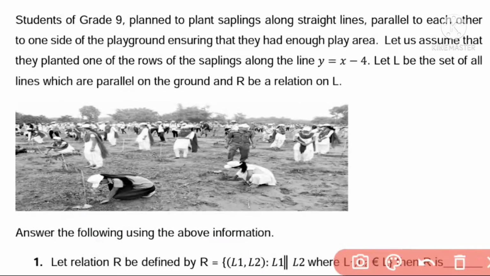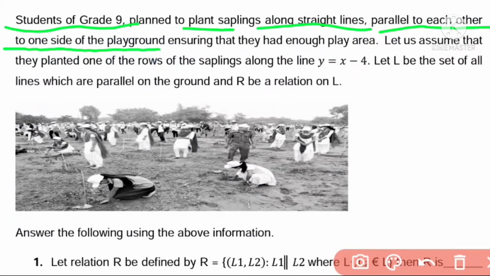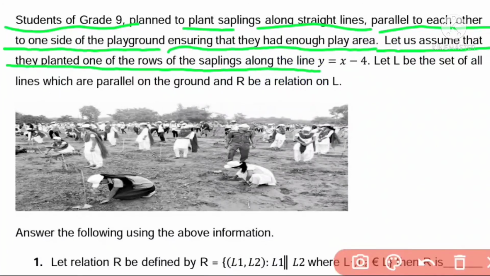Students of grade 9 plant saplings along straight lines parallel to each other to one side of a playground, ensuring that they had enough play area. Let us assume that one of the rows of saplings is planted along the line y = x - 4.